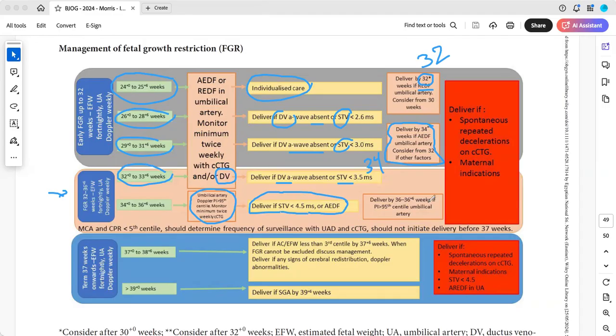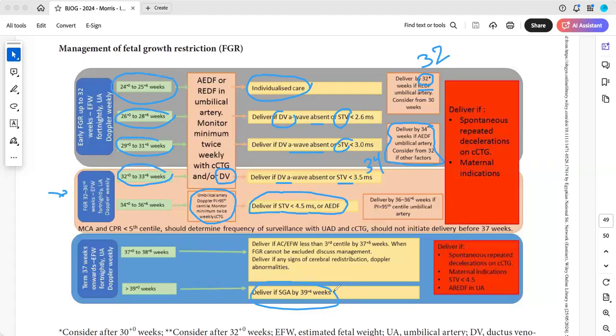How about if I have a small baby, only small for gestational age, meaning less than 10 centile and not less than the third, and normal Doppler? When to deliver this baby? There is no indication for early delivery before 39 weeks, okay? If everything is okay, just the baby is small, the delivery will be considered from 39 and be completed by 39 plus 6.